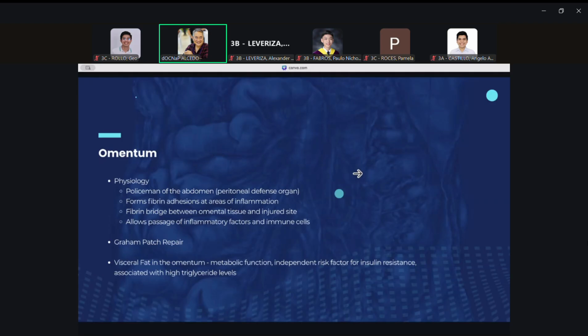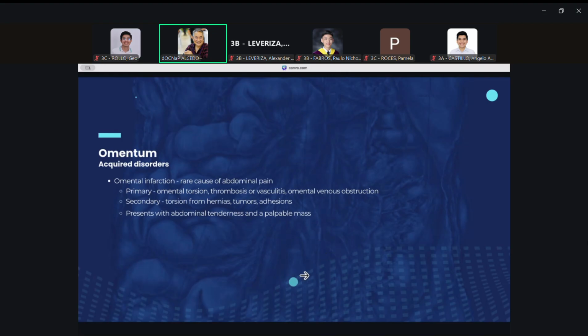No? That's why we use the omentum to repair these kinds of perforations if they are not yet taken care of by the omentum. No? And repair of a perforated peptic ulcer using an omentum is what we call the Graham patch repair. No?